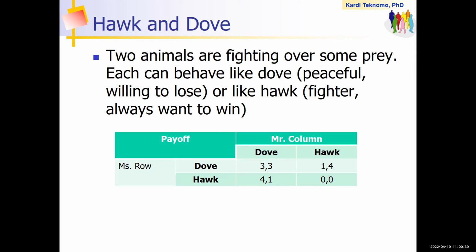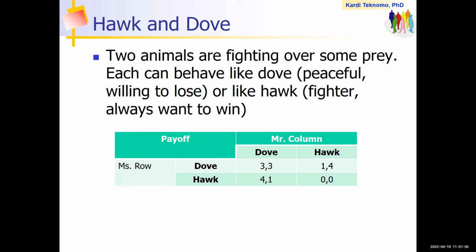And each can behave like a dove, meaning peaceful, willing to lose, or can play as a hawk, meaning a fighter who always wants to win. Now you have two players, either willing to give way to others or not.